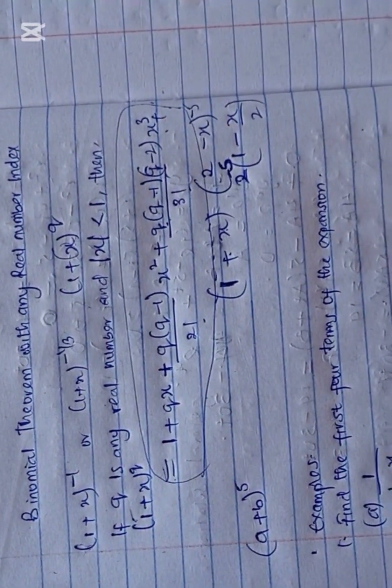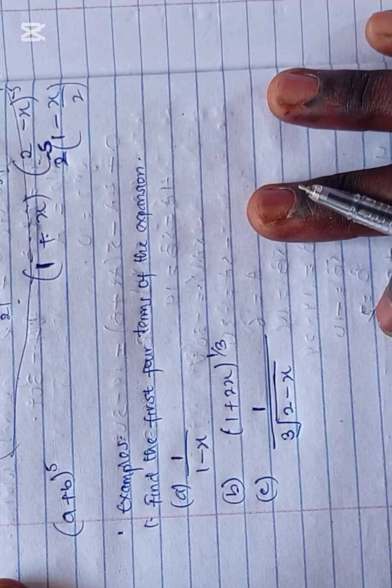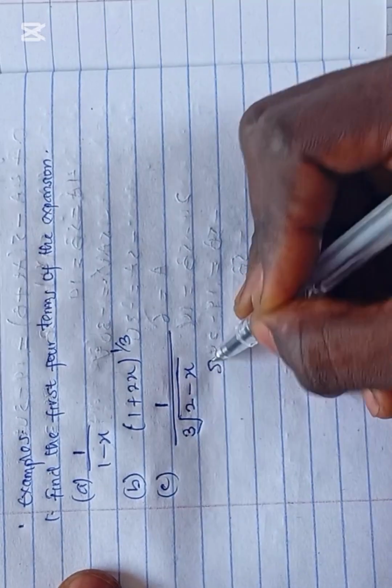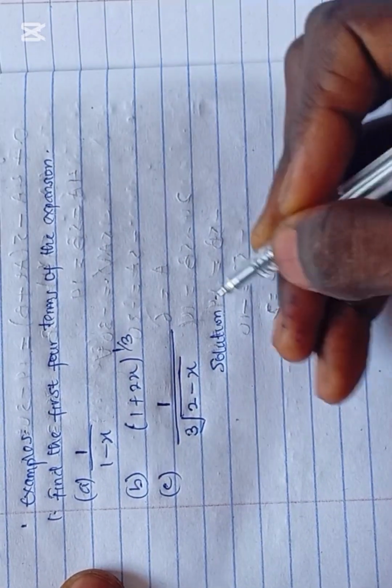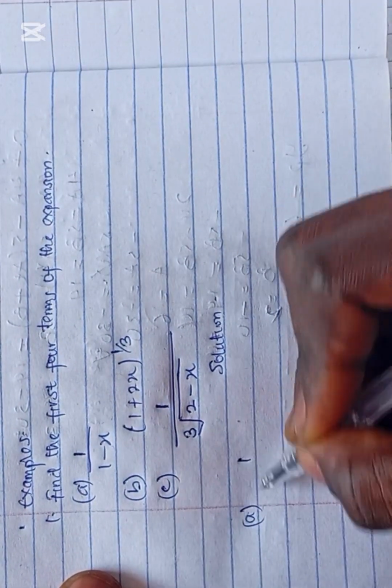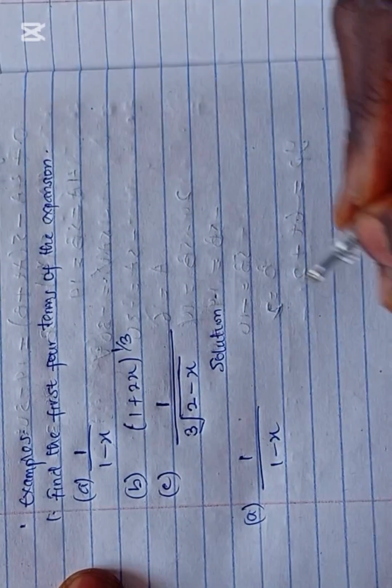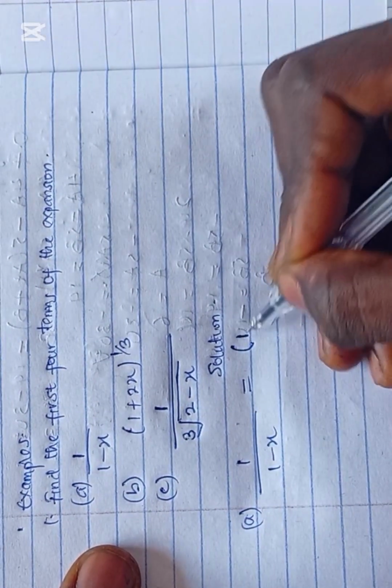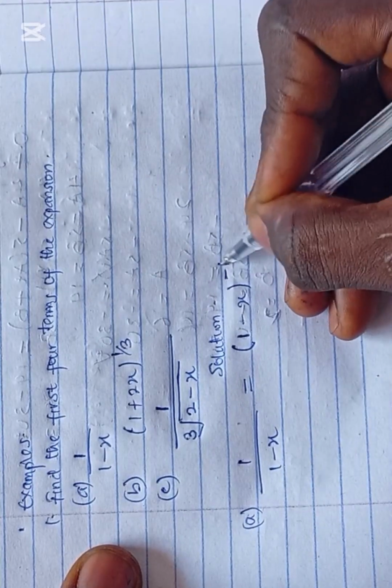So now how are you going to go about this example? Let's first check the first one. Now a, which is 1 over 1 minus x. So you can simply simplify this one to be 1 minus x raised to power minus 1.